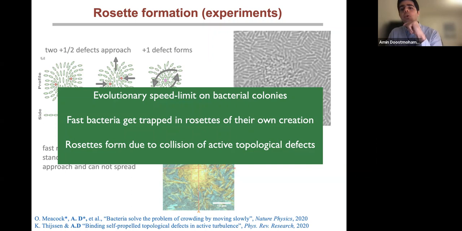This is also known from the passive liquid crystal theory in general: if you have a circular confinement and you have 2 plus half defects, then normally this escape to the third dimension happens. The reason is that you can write down the energies for these defects, and you can see that one full integer defect has more energy than 2 half integer defects combined for the nematic system.